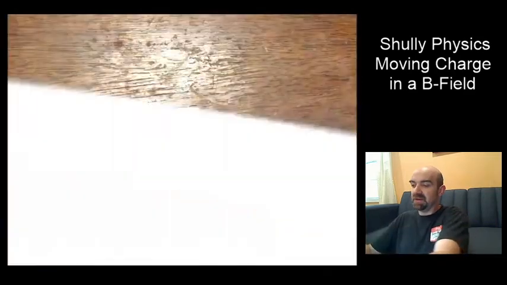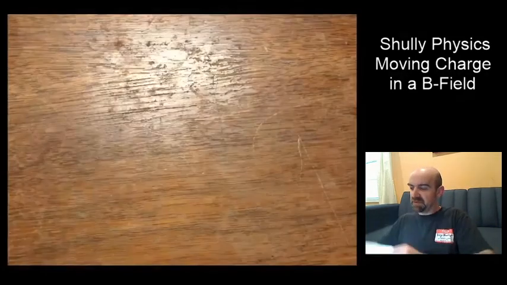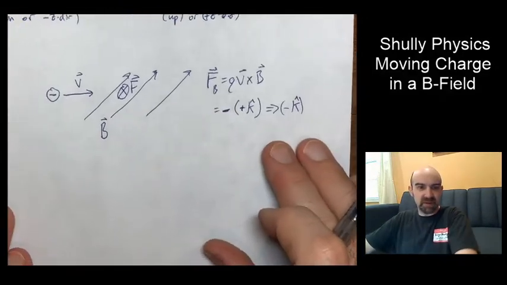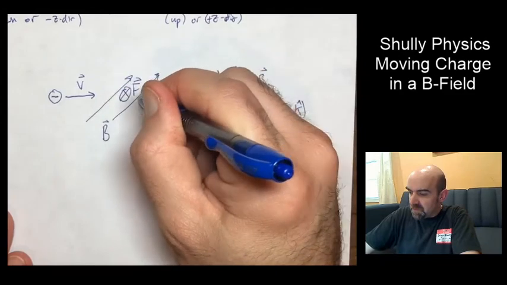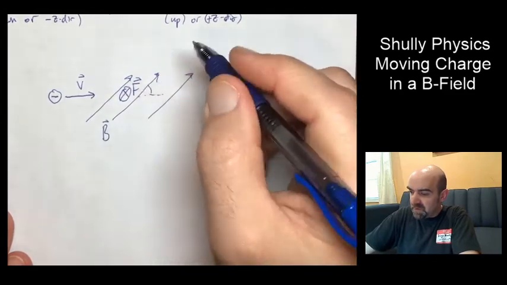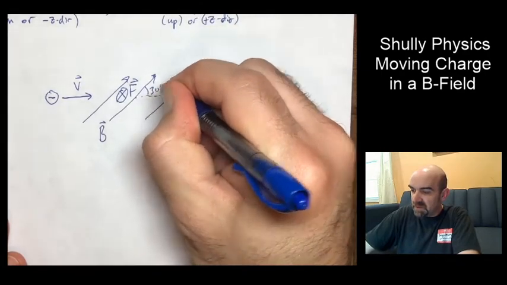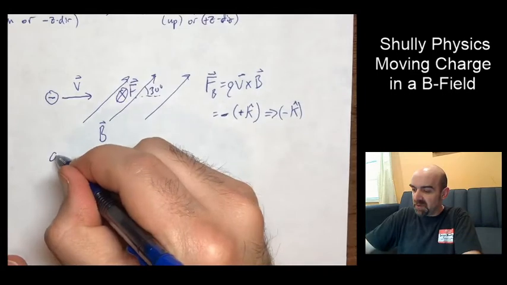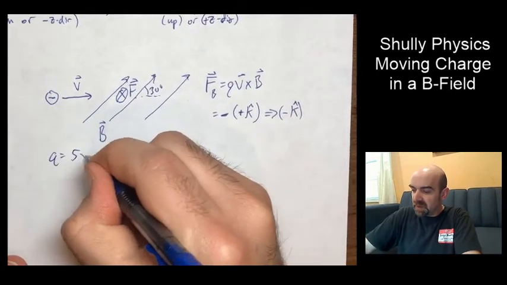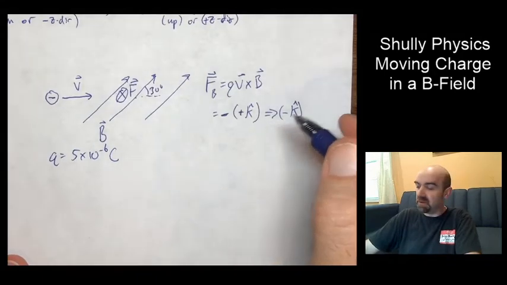All right, let's get more of a numerical example of that. Actually, I like that one. Let's flip back to that. Let's say the angle between that V and the B, the magnetic field, is 30 degrees. We'll give Q 5 times 10 to the negative 6 coulombs, it's 5 microcoulombs.